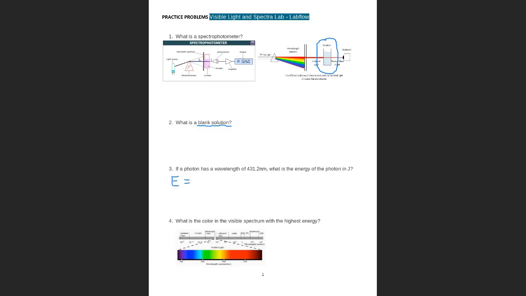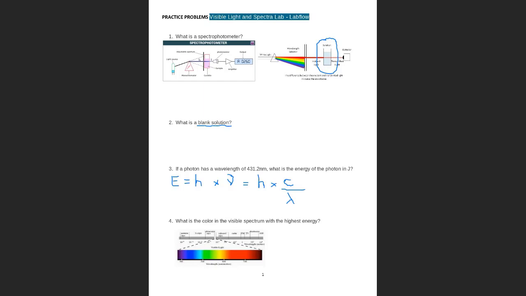He proposed this equation: the energy equals the Planck constant, h, times the frequency. And the frequency equals the speed of light divided by lambda, the wavelength.